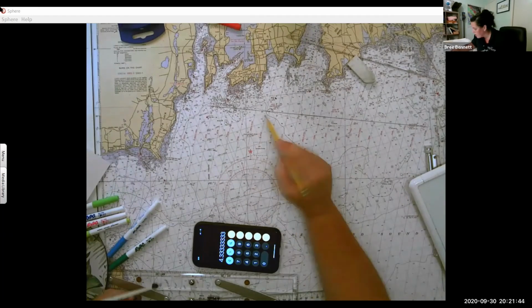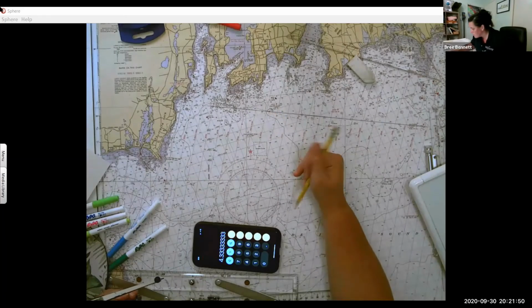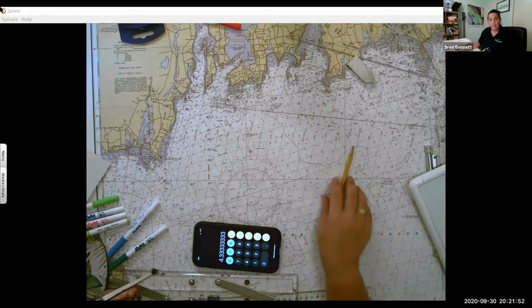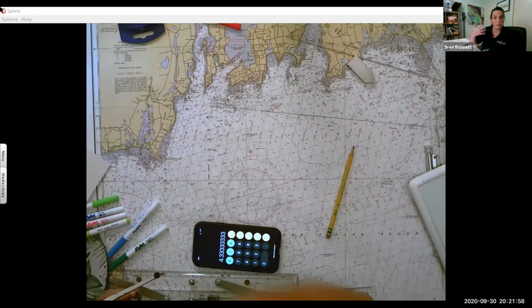It's right underneath that area 2 note B. That's where I have mine. And then the rest of the DRs are really easy because nautical miles per hour is your speed.